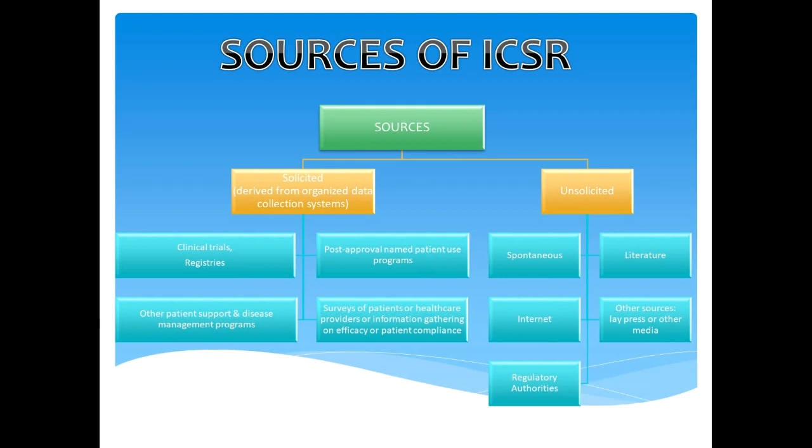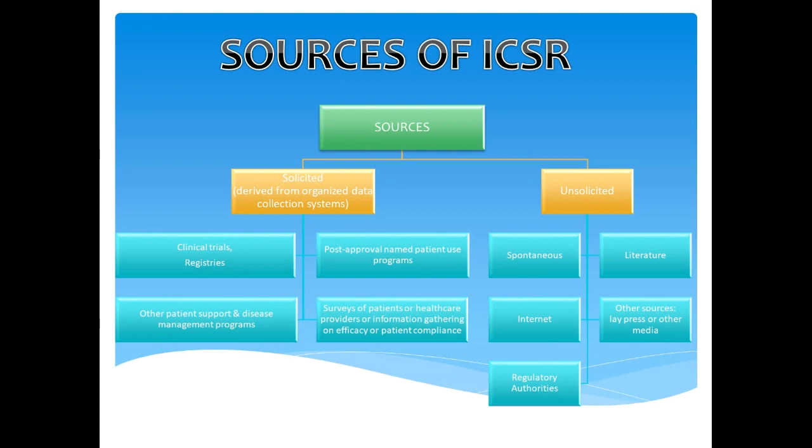And if the patient is using some other means, for example a physician or the company, and the company then provides the organized data to the regulatory authority, then these are known as passive reports. In the case of active reports, the patient reports directly to the regulatory authority through their websites.